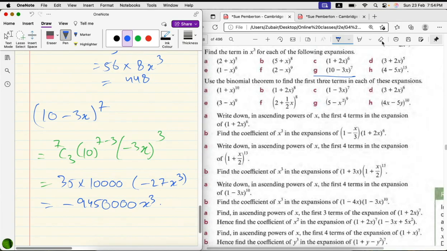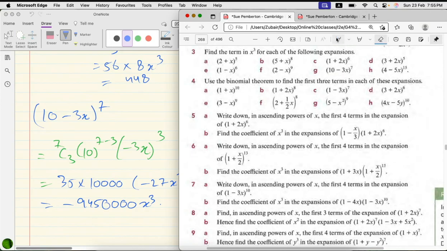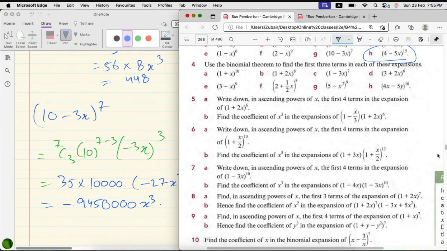Try the H part. So this would be 10C3, and then 4 to the power 10 minus 3, and then negative 5y to the power of 3.